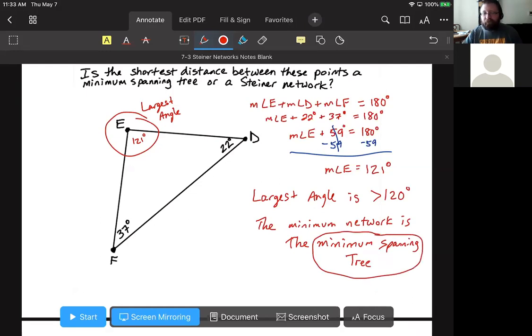What it boils down to is we need to find the biggest angle, and then if it's more than 120, it's the minimum spanning tree. If it's less than or equal to 120, it's the Steiner network.